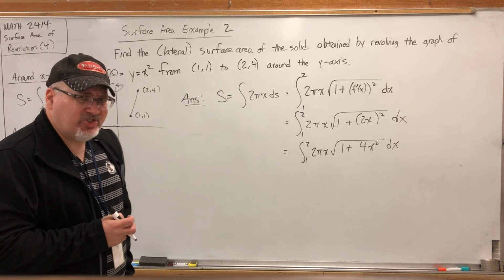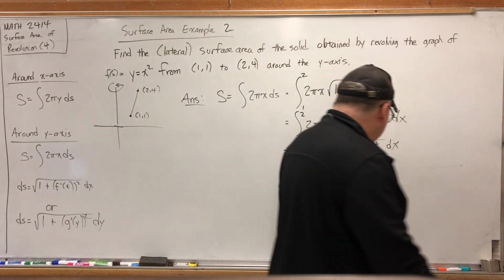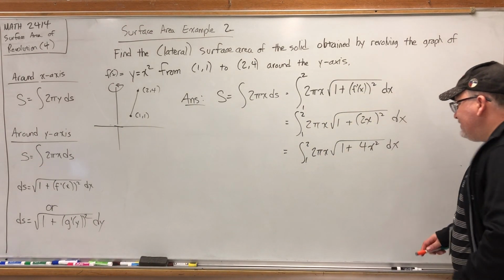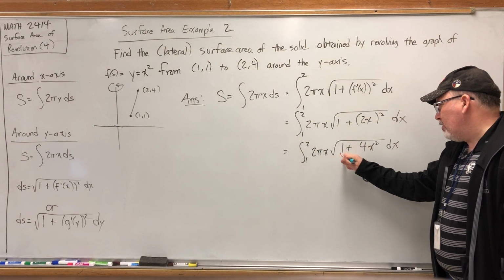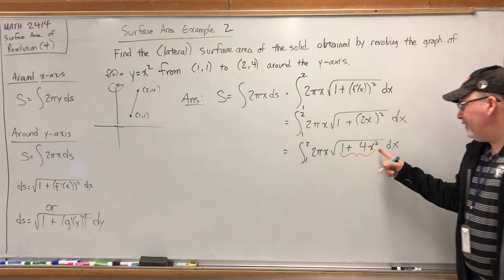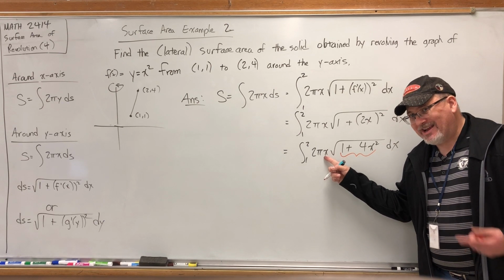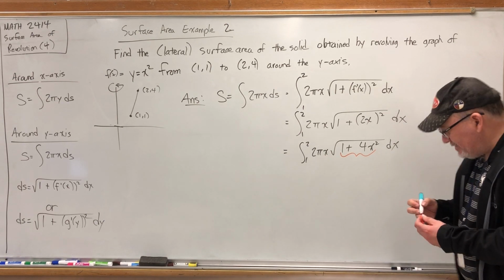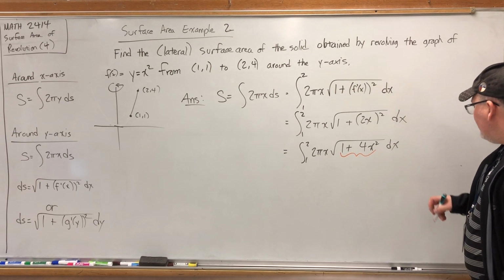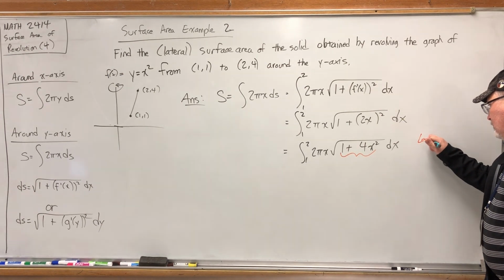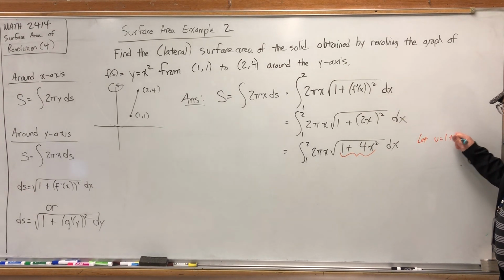And the answer in this case is yes. The thing about this that says substitution is that the clunky part under the square root, if we took its derivative, it would just be 8x, and we have an x over here that we can trick out into an 8x to build our du package. So we are going to do a substitution. We're going to let u equal 1 plus 4x squared.